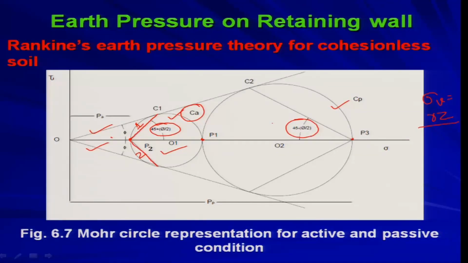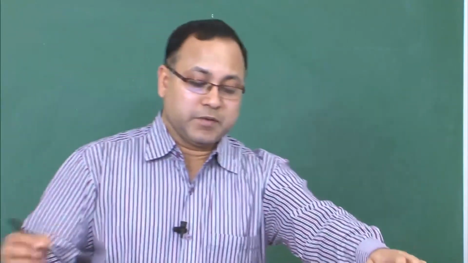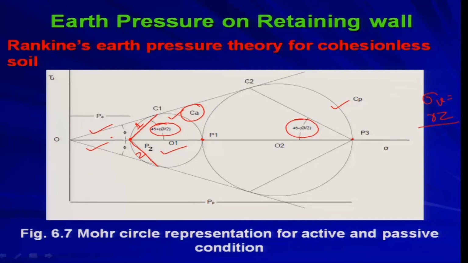Just for the sake of brevity, this point will become the pole, that is the origin of planes, and in case of passive state this point becomes the pole, which is the origin of planes. So, P1, P2 is your origin of planes, that is the pole in case of active state, and if you join from this point to the failure point, on that plane you will be getting the failure.